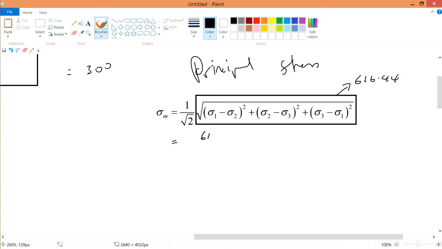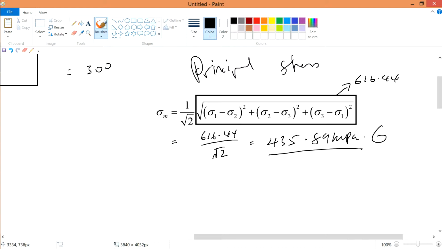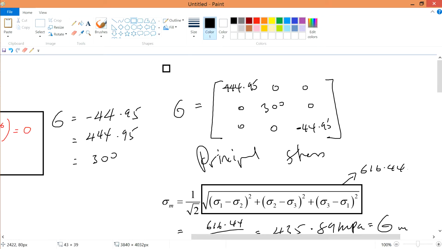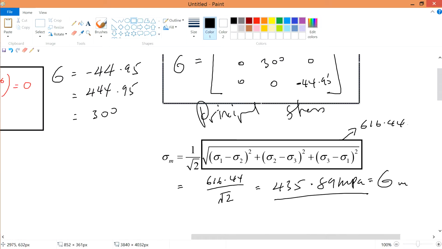Then 616.44 divided by square root 2, because you're multiplying with 1 divided by square root 2, and therefore you have 435.89 megapascal. This is your von Mises stress, your sigma n. Therefore the answer for question 1 is this principal stress and your von Mises stress.